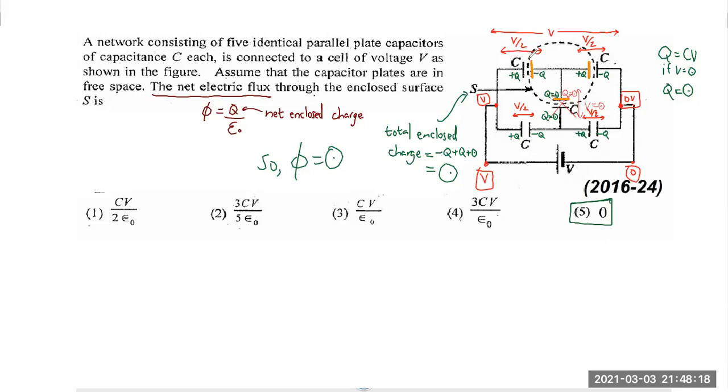If they had changed the surface a bit, maybe if they had put it here, let's say, then what will happen? Plus q and minus q will get cancelled off. There will be a net charge of q. So sometimes they might change the surfaces accordingly. You have to adjust accordingly, the net total enclosed charge will change.